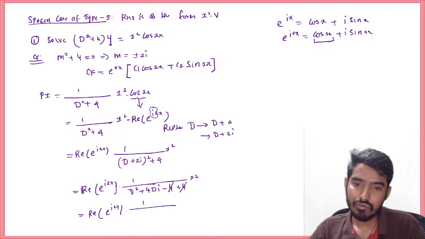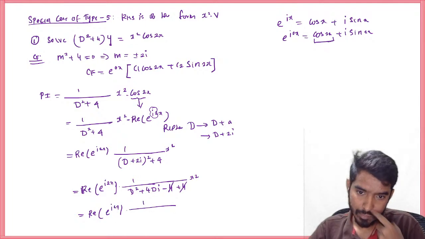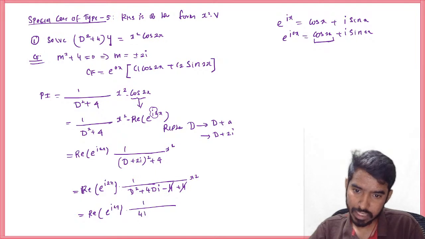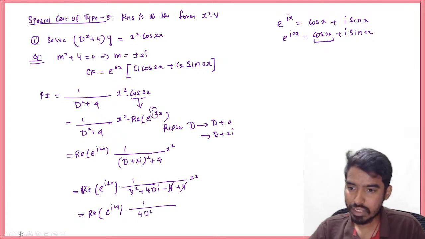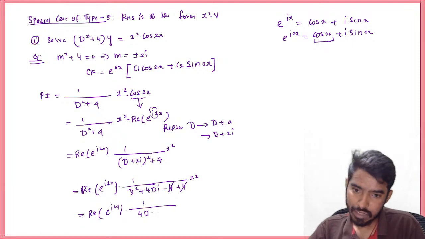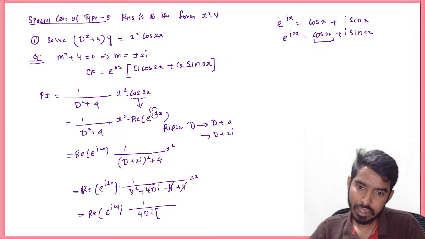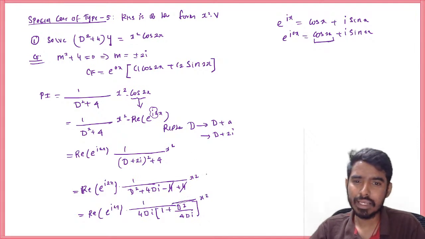So I have to take 4Di outside, right? Because 4Di is outside. So if I take 4Di outside, we will have 1 plus D square by 4Di. And here we have x square, right? We are applying type 3, right?